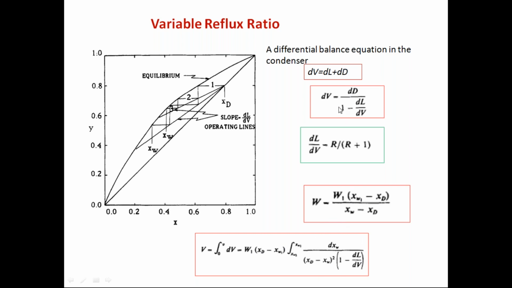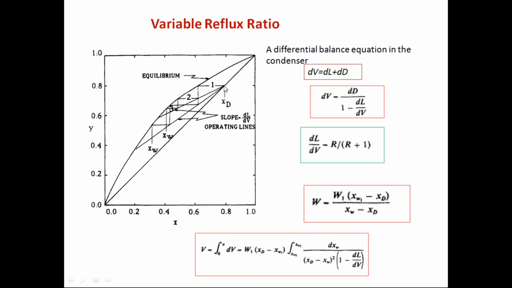This equation can be obtained from the material balance of the more volatile component, and also the overall balance. So this equation and this equation will give this equation. Finally you have to solve this one to get the vapor flow rate. So to know the vapor flow rate, you have to find out this one.